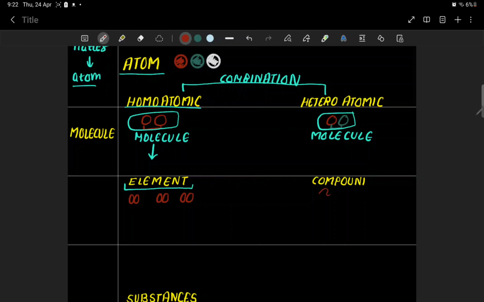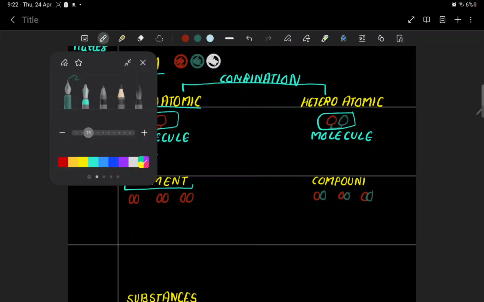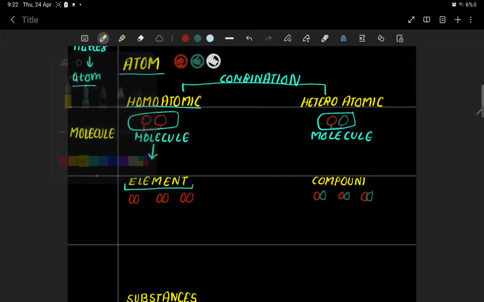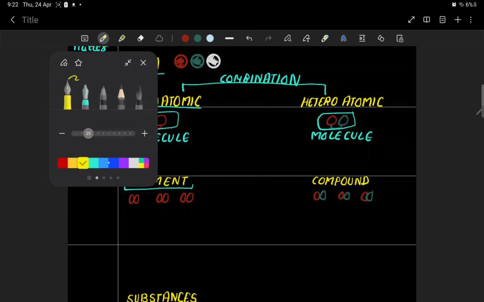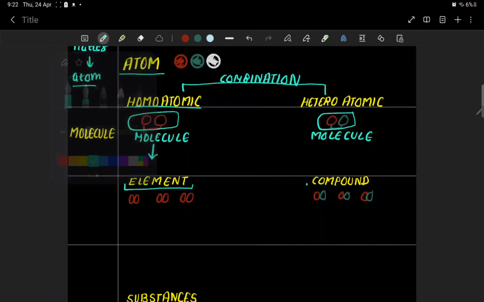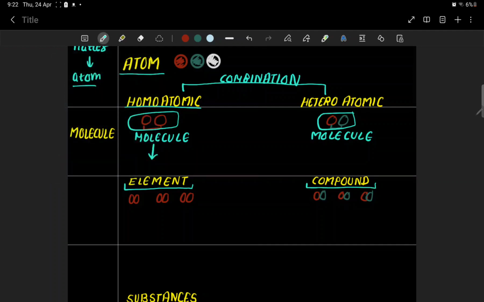And when you take heteroatomic combination, what you get is a compound.